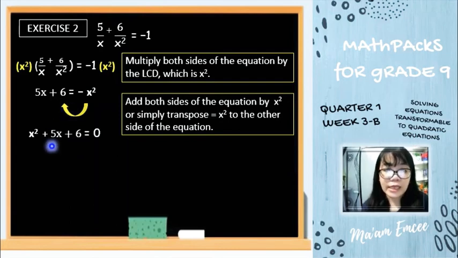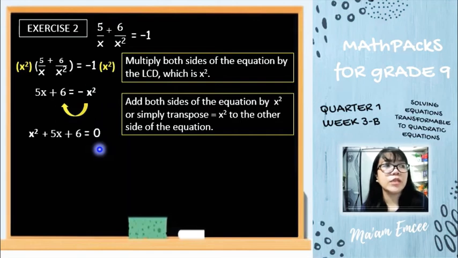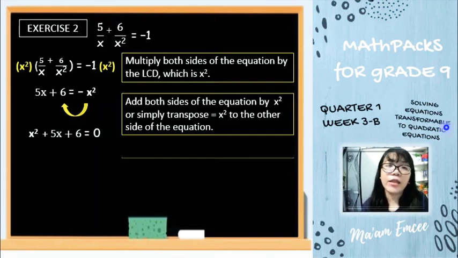But then, our middle sign is positive. So that means both our numbers are positive. So we need to think of two positive numbers whose product is 6 and whose sum is 5. And those two numbers are 2 and 3. Because if we multiply 2 and 3, that is 6. If we add them, that is equal to 5.